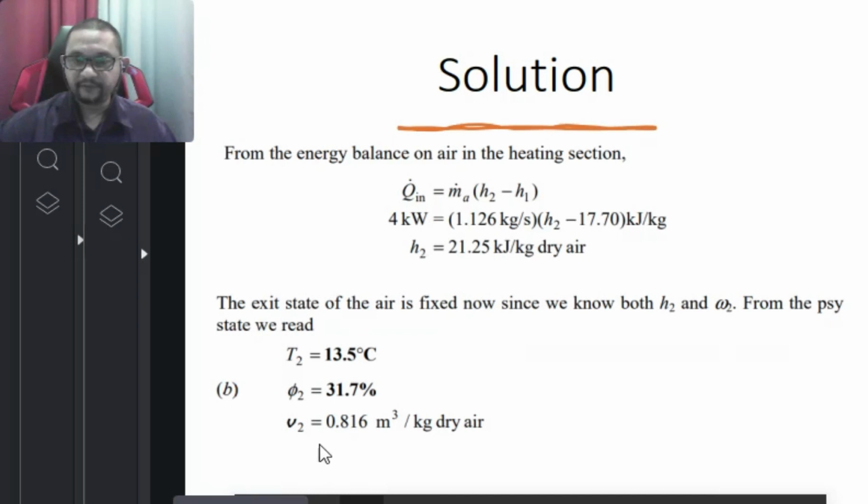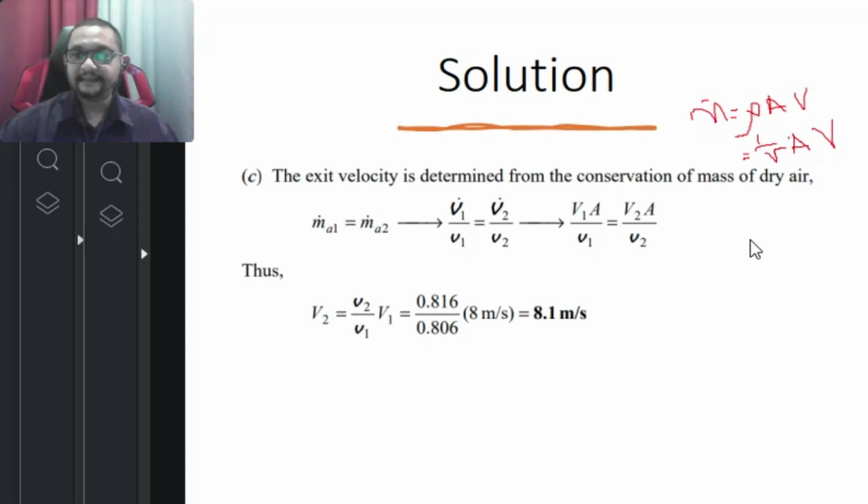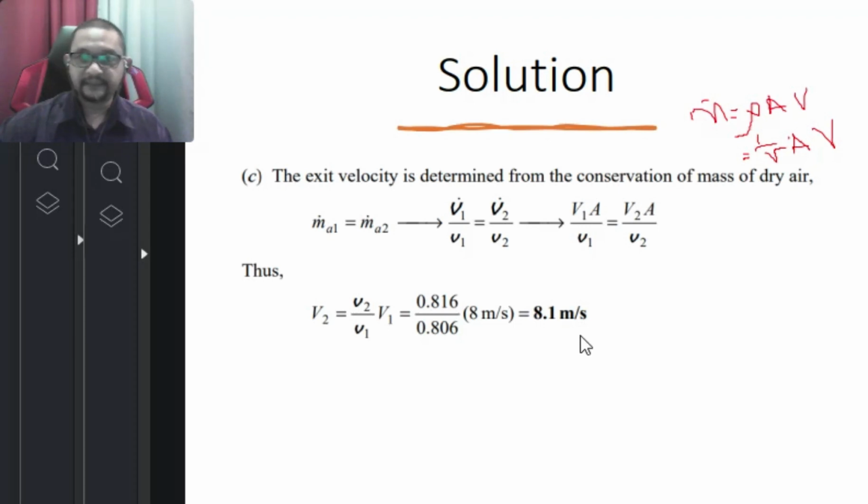Why do we have to find the specific volume? Because we want to use it for C. Okay, C, the exit velocity is determined from the conservation of mass of dry air. So m dot is equal to rho A V, or 1 per specific volume, A V, area. So use this formula, and then you rearrange, and then you find the exit velocity is 8.1 meter per second.